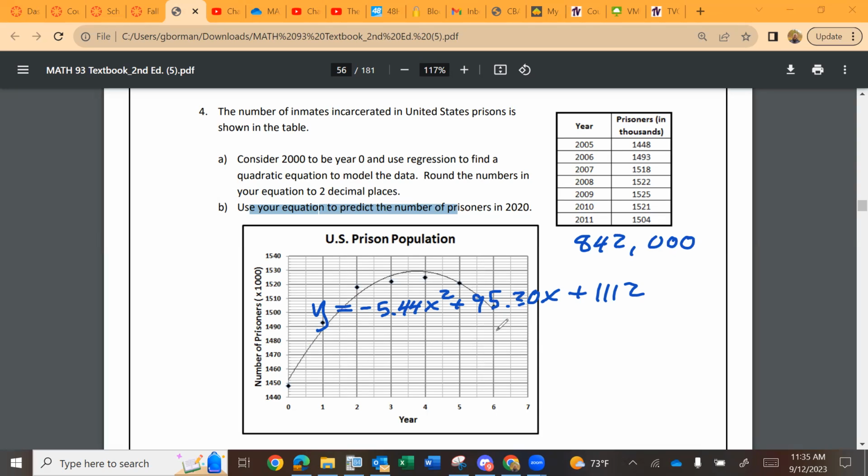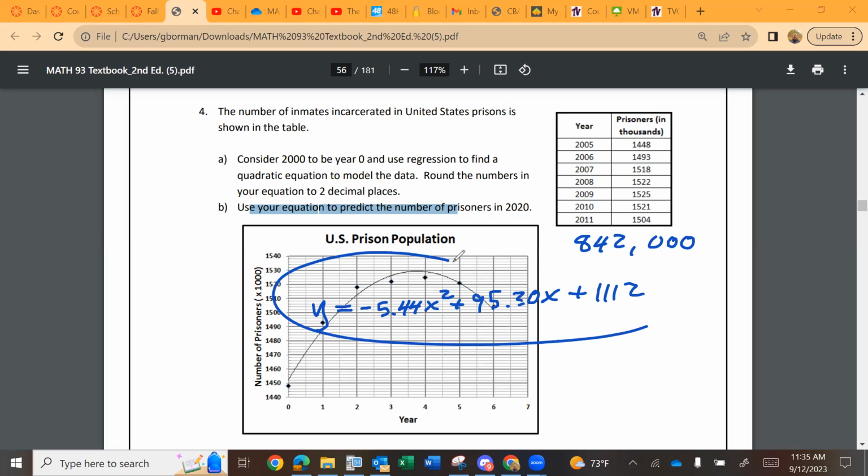So sometimes people will say, hey, we've got this cool model that represents the situation, so in the year 2075, this is what's going to happen. It's like, oh, your model might not work anymore at that point. I mean, it might. It depends on the situation, but often your equation's only going to work pretty close to the data that was collected.